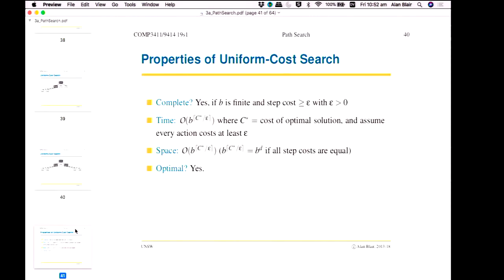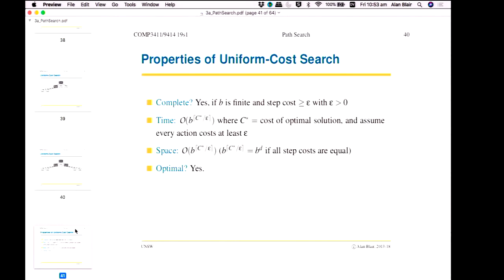In order to prove that it has these properties, we have to make the assumption that there's some absolute minimum epsilon, and every path has a cost of at least epsilon. Because if you allow roads that get shorter and shorter going to zero, then it becomes a kind of problem of Achilles and the tortoise.